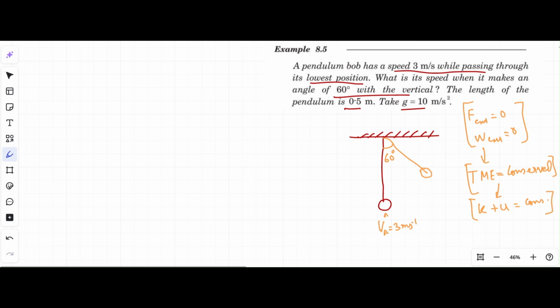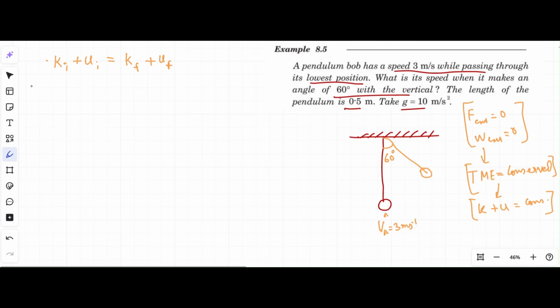Kinetic energy plus potential energy equals constant. So here we do kinetic energy initial plus potential energy initial equals kinetic energy final plus potential energy final.